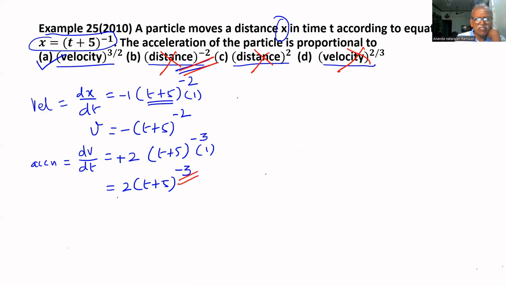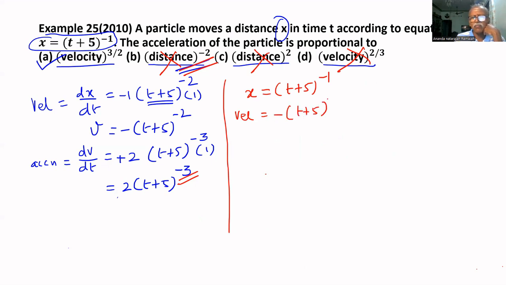What is displacement? X equals t plus 5 to the power minus 1. What is velocity? Differentiation of this, that we got here: minus t plus 5 to the power minus 2. What is acceleration? Acceleration, here we got 2 times t plus 5 to the power minus 3.